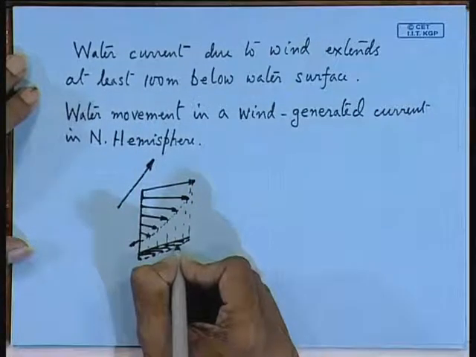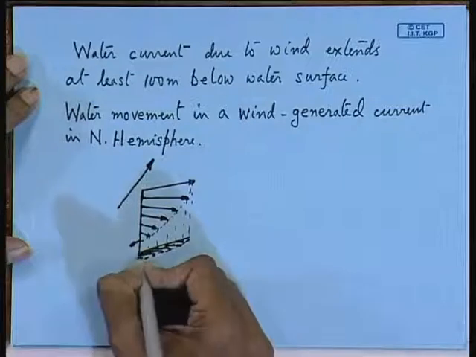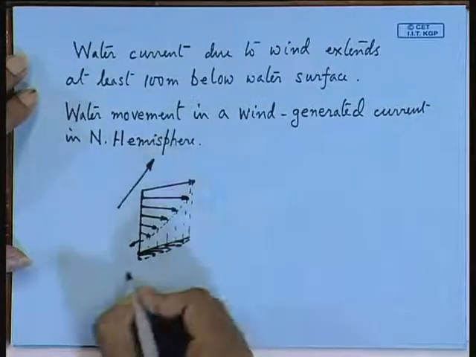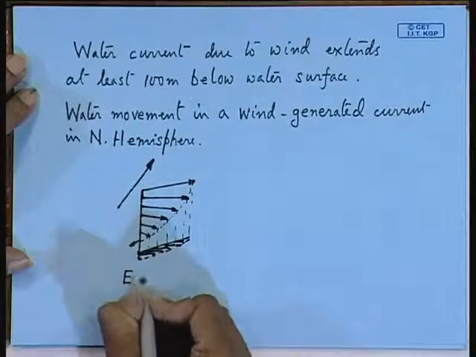So, these are the projections. This will all come from this point. So, this is called an Ekman spiral.